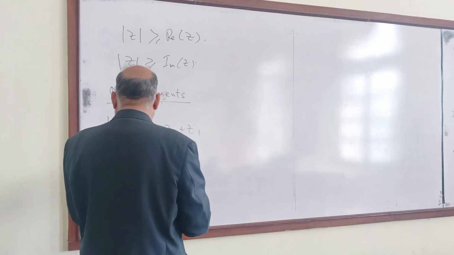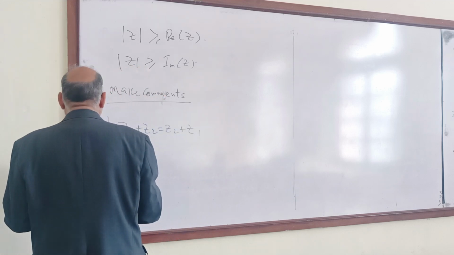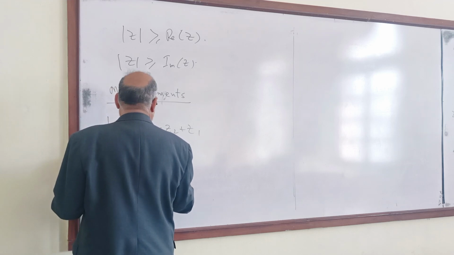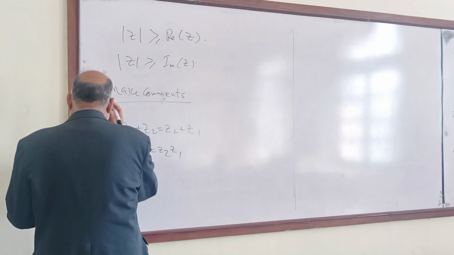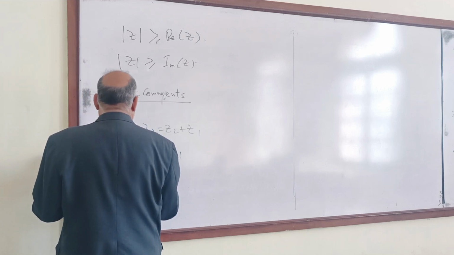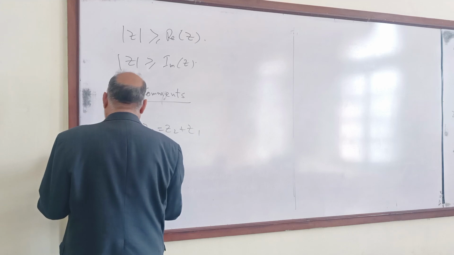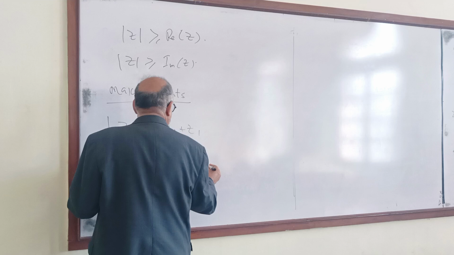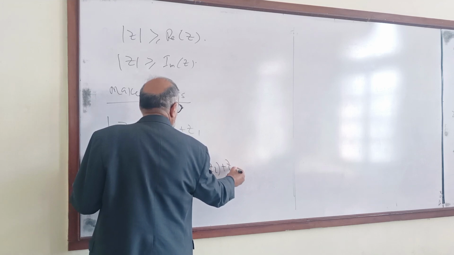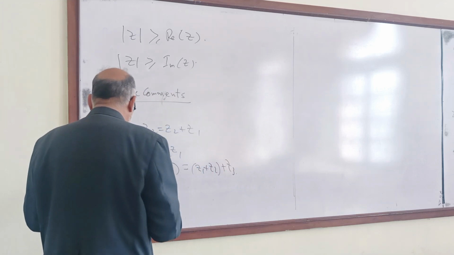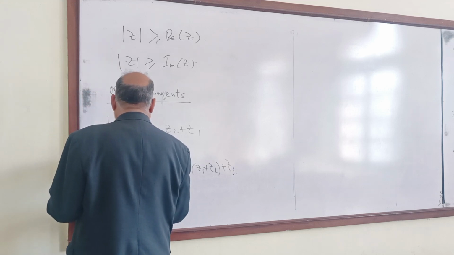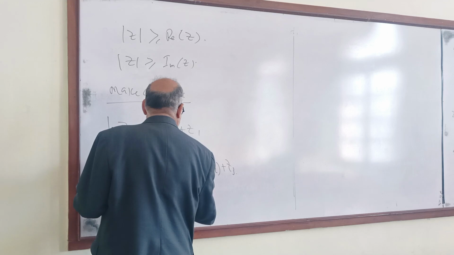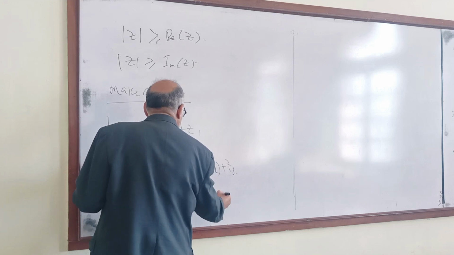So they are commutative with respect to addition. Similarly, commutative with respect to multiplication too. Also, they are associative: Z1 plus Z2 plus Z3 is equal to Z1 plus Z2 plus Z3 grouped differently. Similarly, associative with respect to multiplication: Z1 times Z2 times Z3.